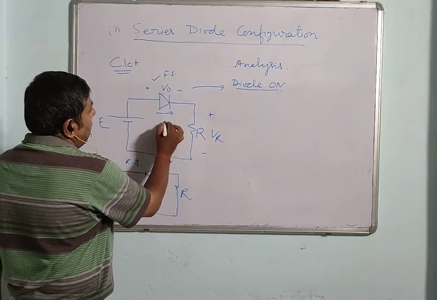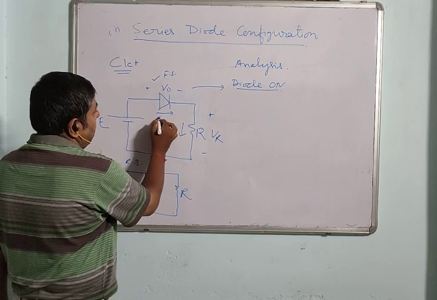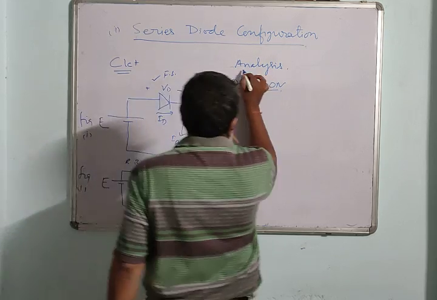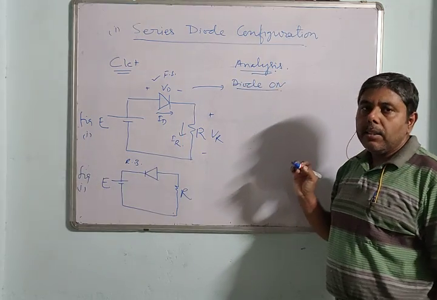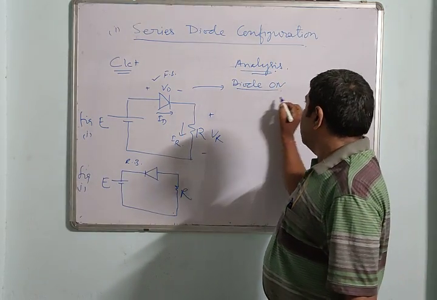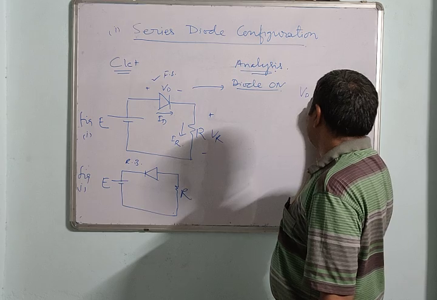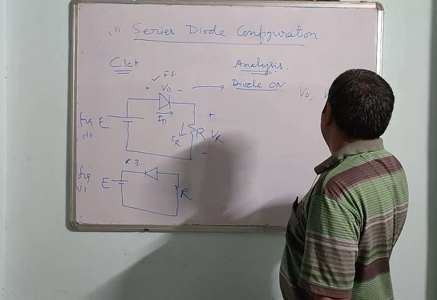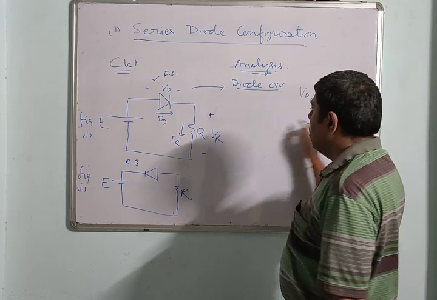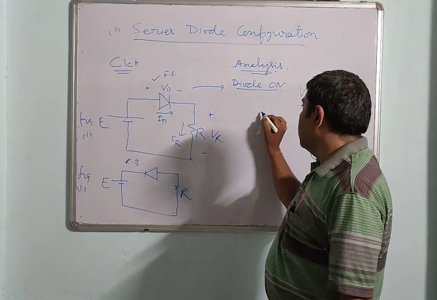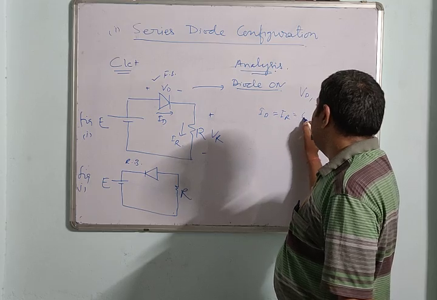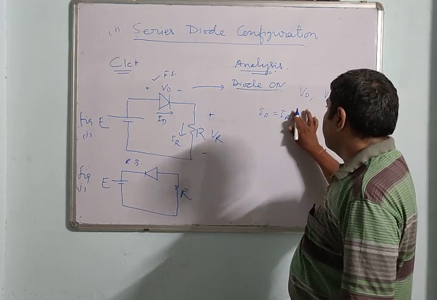And obviously these two currents are same, ID and IR. So how can we analyze this circuit? What are these values: diode drop, VR and ID, IR. Obviously this circuit is in series, then you can write diode current and resistance current, both are same.